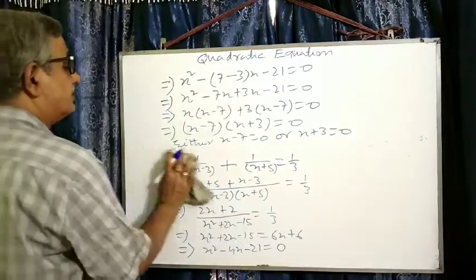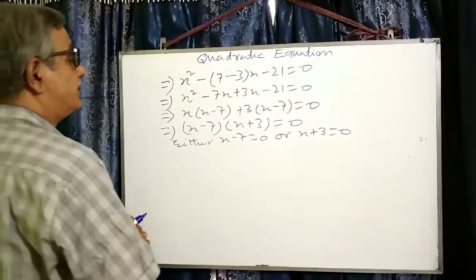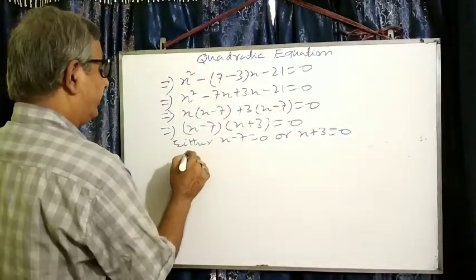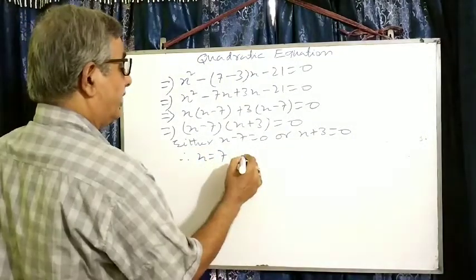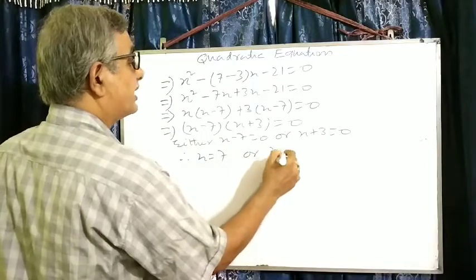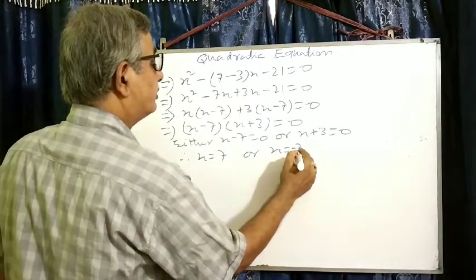What happens? You can write, therefore x is equal to 7 or x is equal to minus 3.